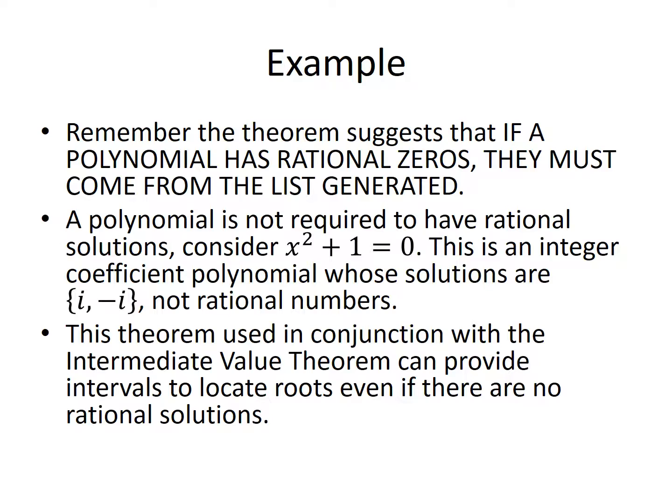This theorem, used in conjunction with the intermediate value theorem, can provide intervals to locate roots even if there are no rational solutions. And this is kind of boxing possible roots in when you use both the intermediate value theorem and the rational zero theorem.